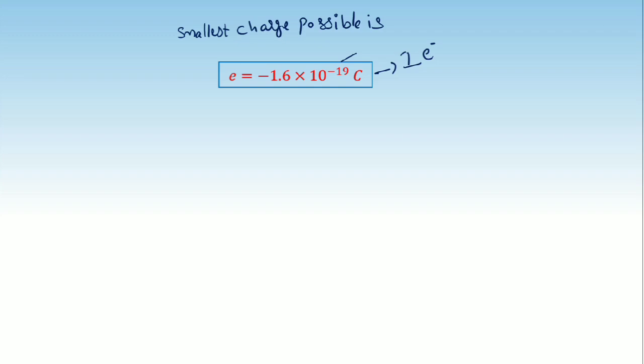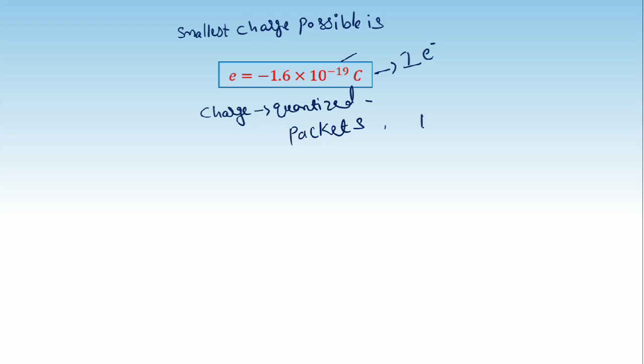So Millikan gave us the charge of one electron, 1.6 × 10^-19 coulomb, and he proved that charge is quantized. Quantized means charge comes in packets.